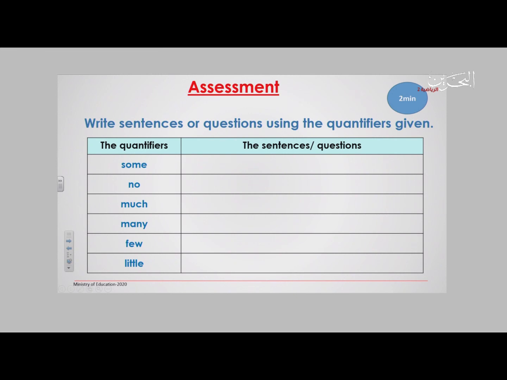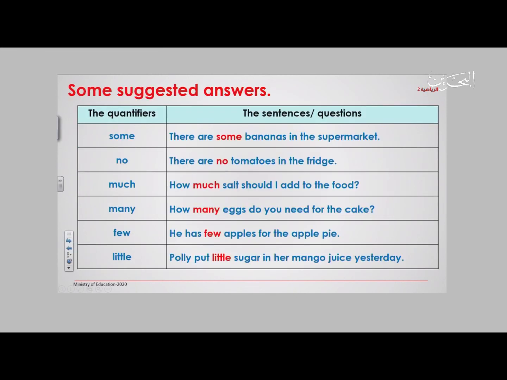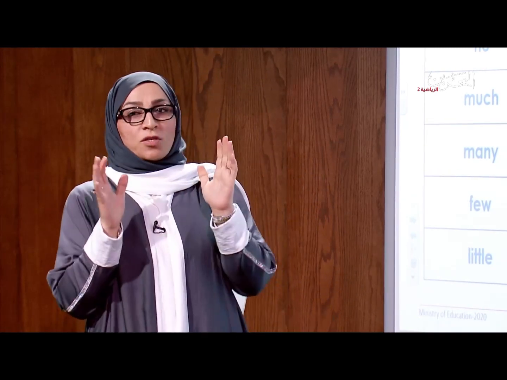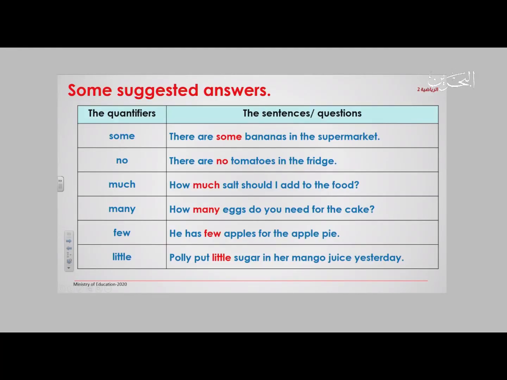Now, are you ready to check your answers? Here we are. These are just suggested answers. You may have other sentences, no problem. Let's start. Some, the most important thing that some I can use with both. So you can relax. You can use both.